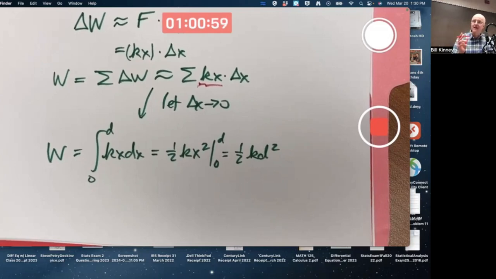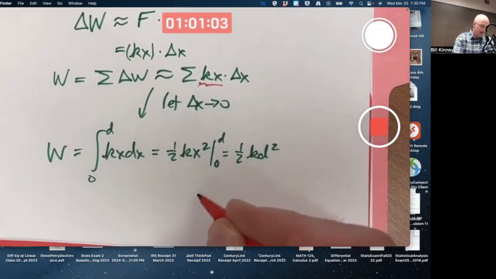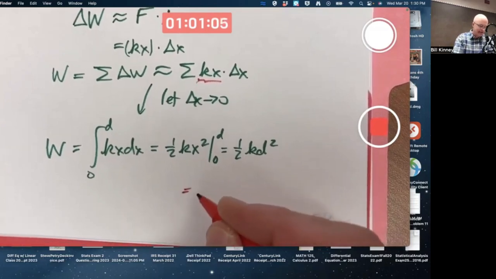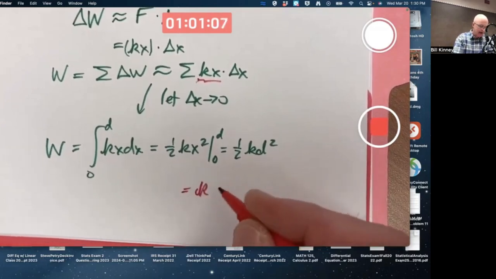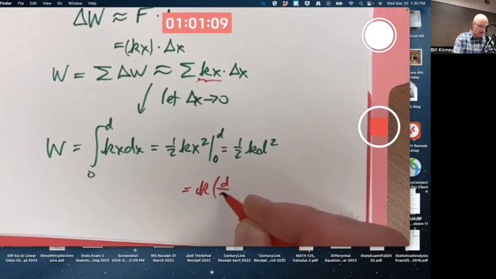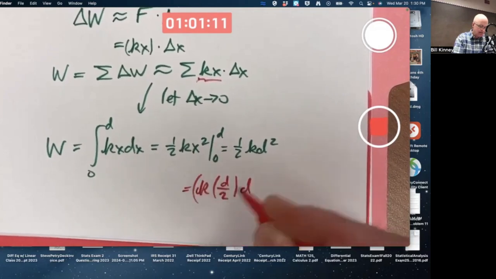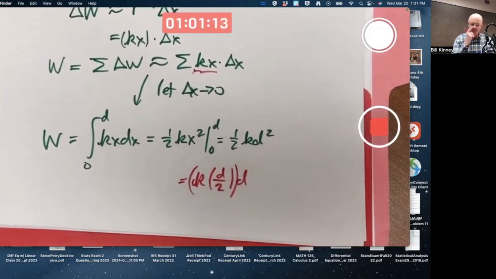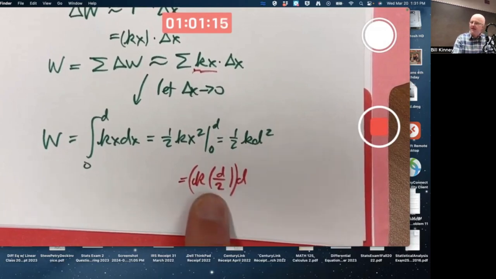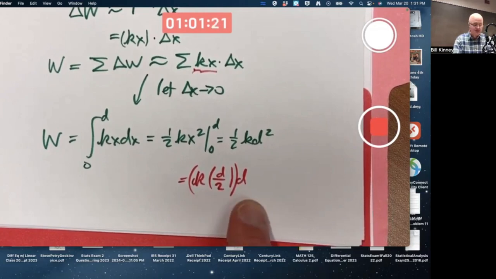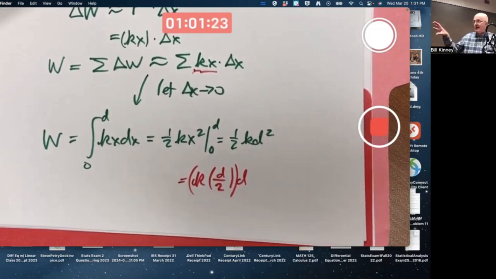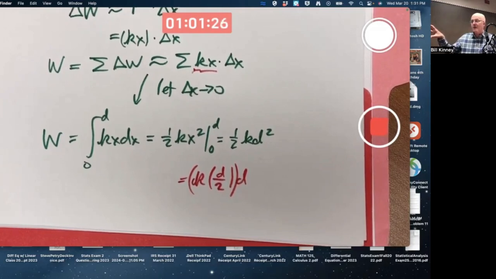This can be thought of in a way that's pretty intuitive, actually. If you rewrite this expression as (K times D over 2) times D, maybe with parentheses like that, what I really have there, K times D over 2, is like an average force times the overall distance. Right? The force at equilibrium is 0.